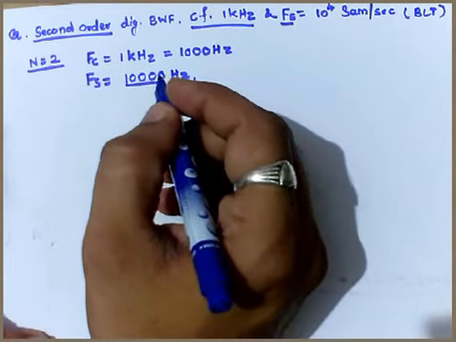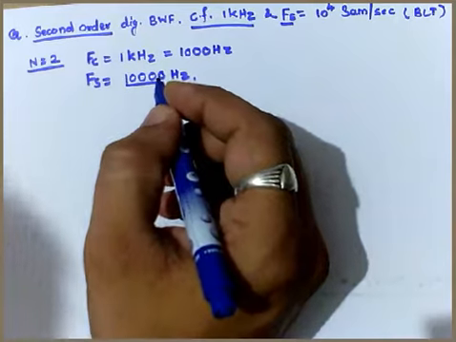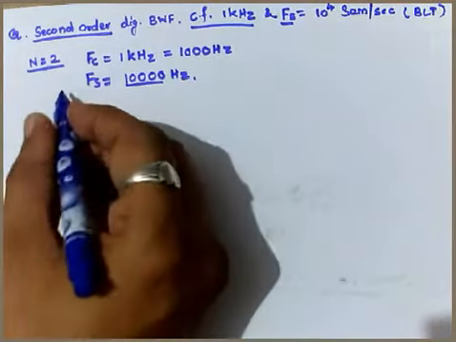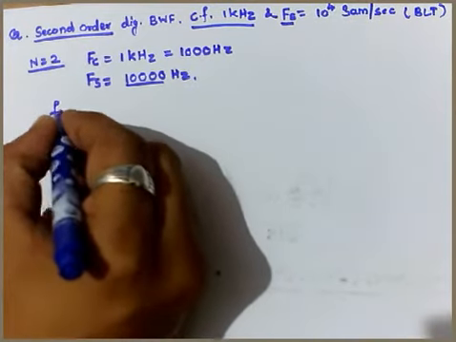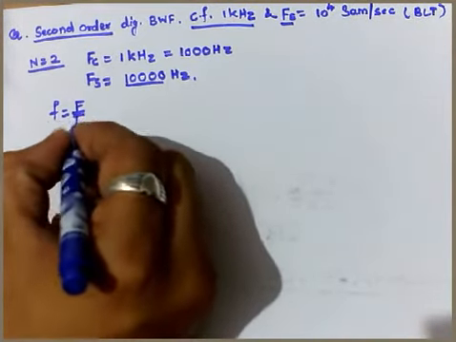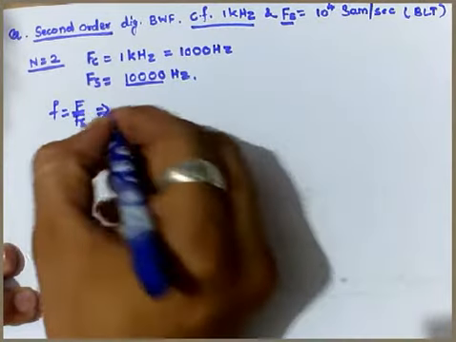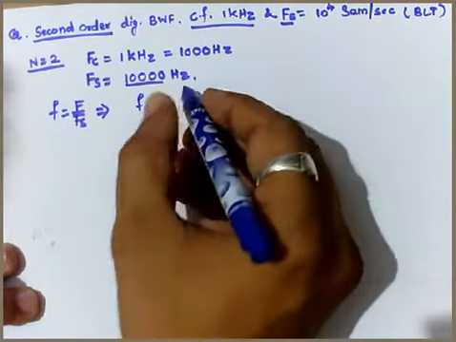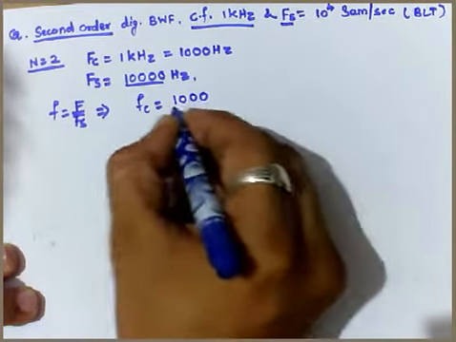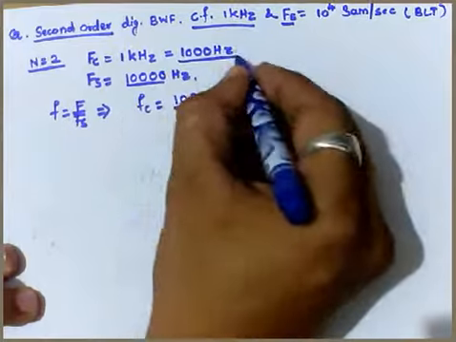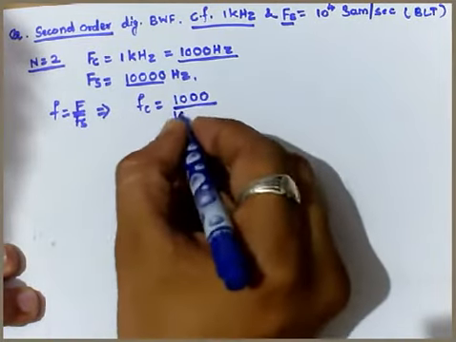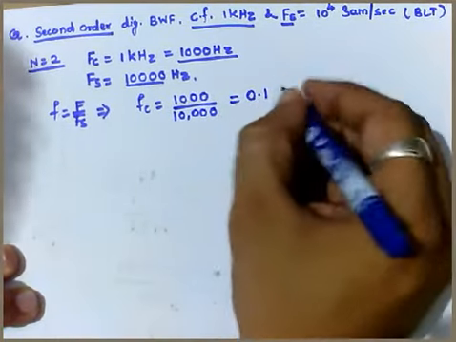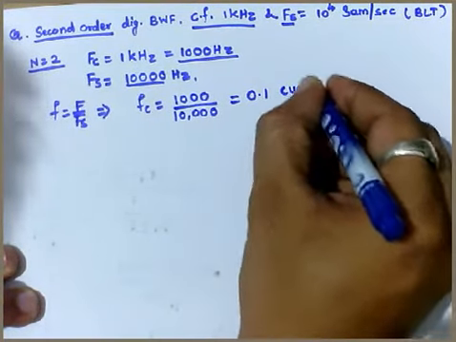Now for getting the frequency which we expected, that is cycles per sample, it can be simply calculated with the help of f equal to F by Fs. Since we are interested in calculating the cutoff frequency, fc will be equal to F, which is 1000 hertz, divided by Fs, that is 10,000. So it is 0.1 cycles per sample.